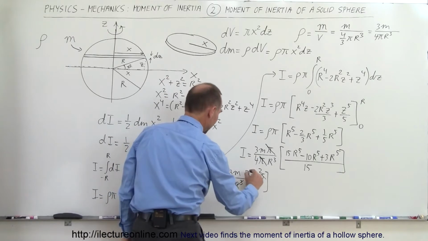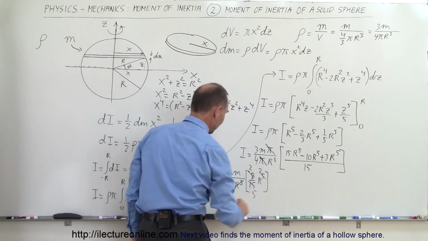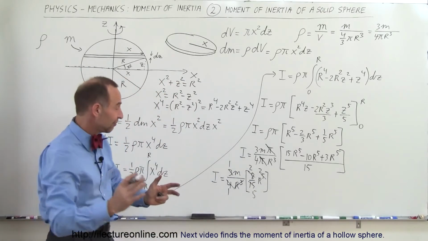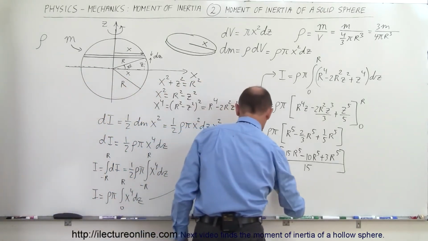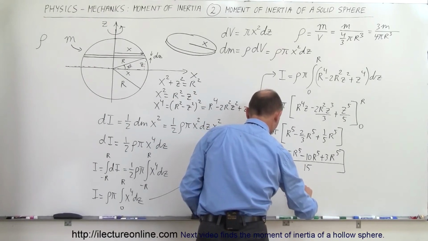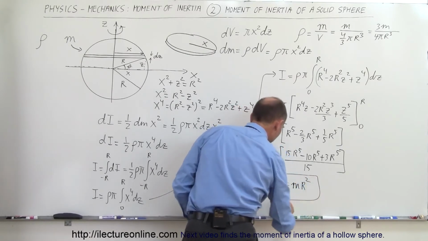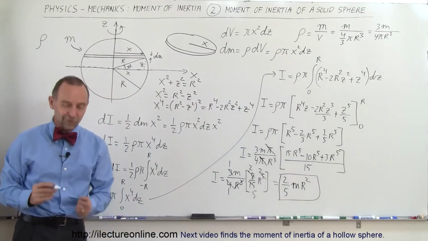And the 4 and the 8 becomes 1 and 2, and the 3 and the 15 become 1 and 5. And now if I go ahead and finally add all that together, I get equals 2/5 times the mass times r squared, and that is indeed the moment of inertia of a solid sphere.